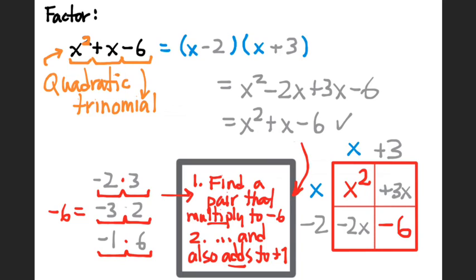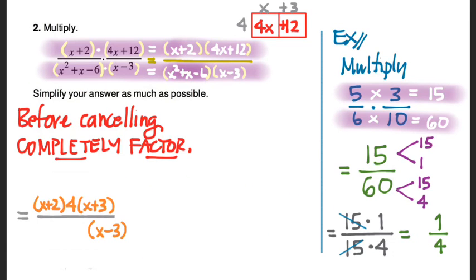Now that we know how to factor this thing, let's remember why we were factoring it in the first place. We were trying to simplify this product of two rational expressions. And now we know that x squared plus x minus 6, I'm going to recreate the little factoring grid that we had on the other screen, can be factored as x minus 2 times x plus 3.